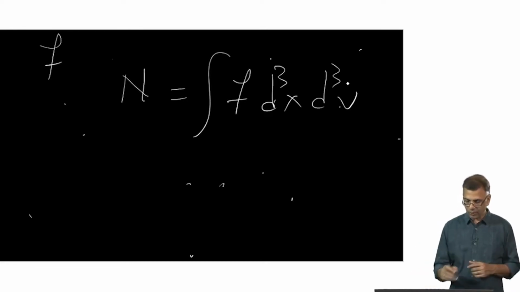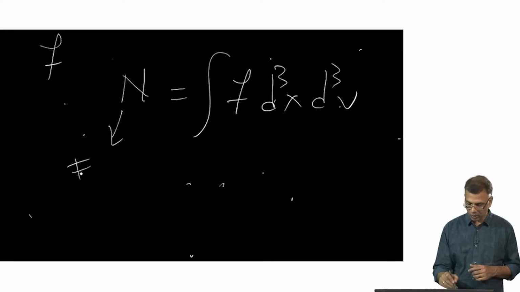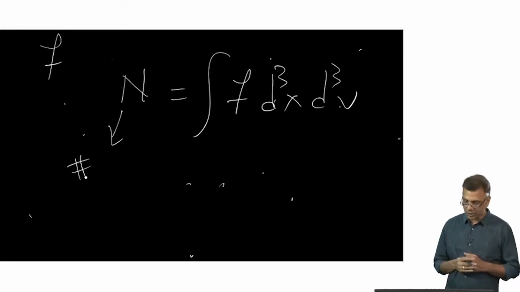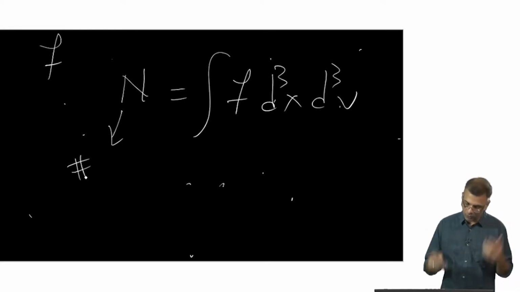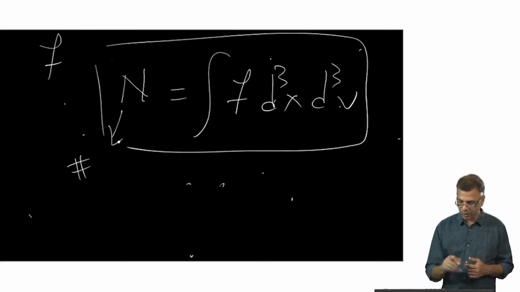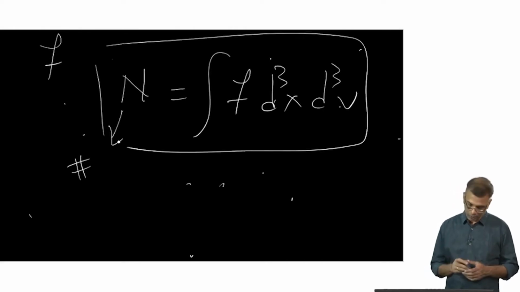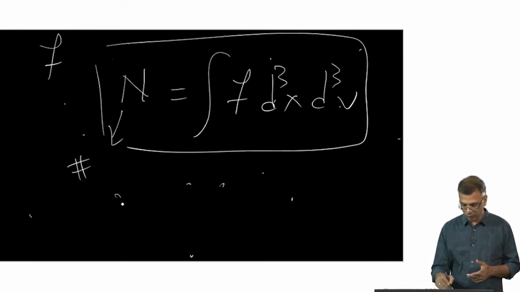This is just the total number, a dimensionless quantity. So this is the definition of a distribution function right here. Another kind of definition would be if you talk about number density, for instance, which would be number per centimeter cube.